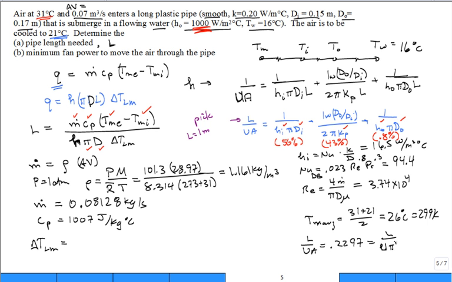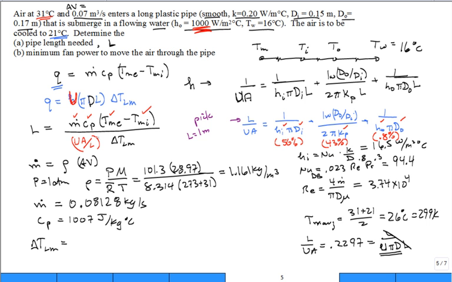Then you're going to have some pi d L, the L's cancel, and so you have this right here. This term replaces this term right here in our standard equation. So this is generalized to a U. That's generalized to a U. Pi d. Or you can say that that's equal to UA divided by L.